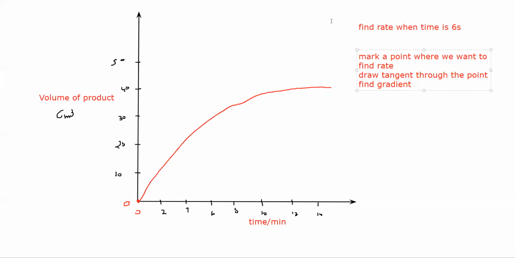So first we mark a point where time is equal to 6 seconds. So this is the point where time is equal to 6 seconds. Then we'll draw a tangent.